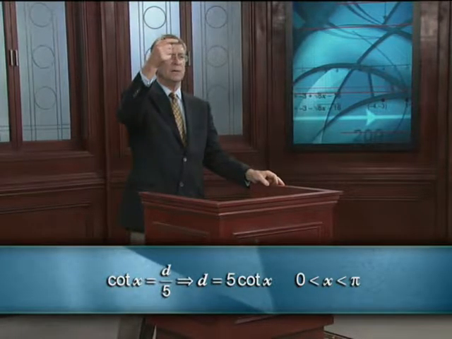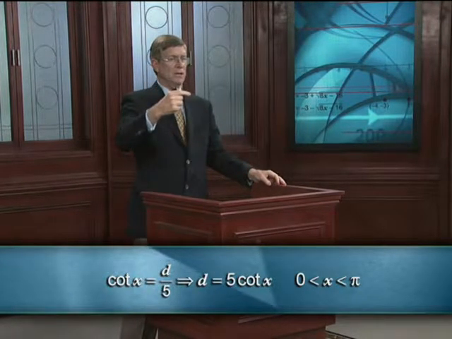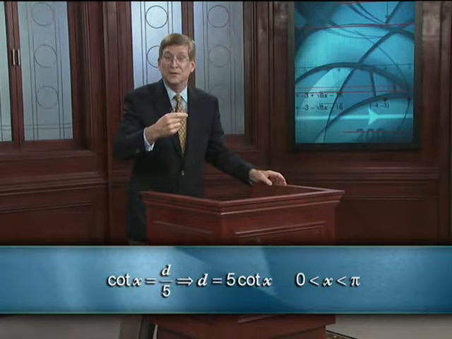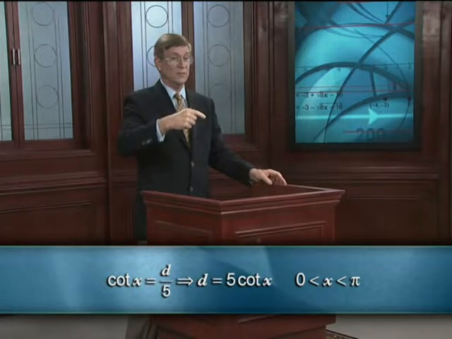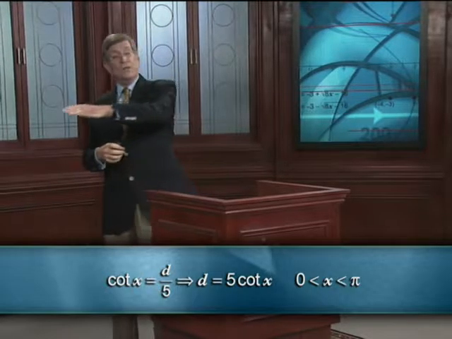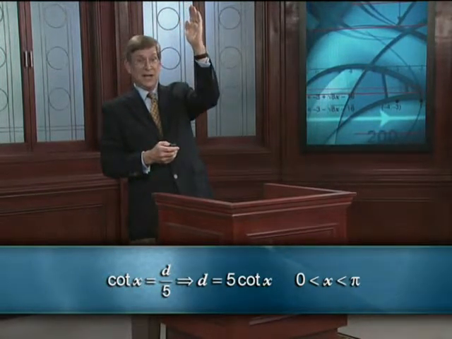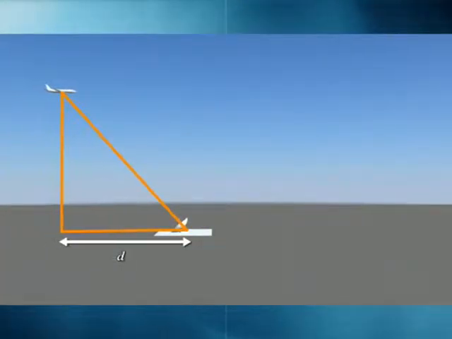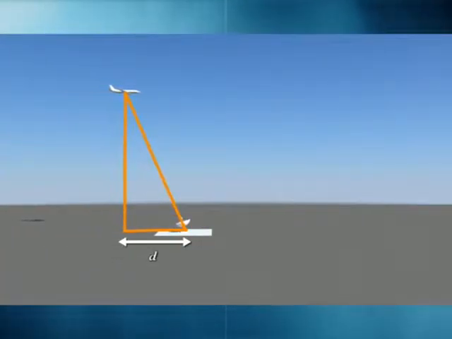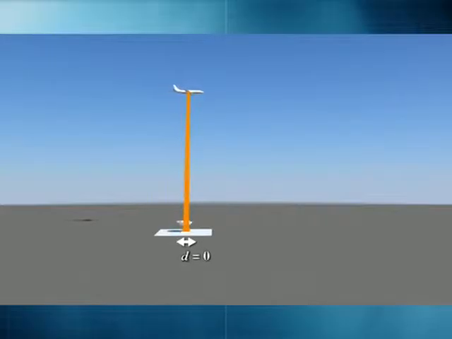That's cosine pi over 2 divided by sine pi over 2. 0, isn't it? Cosine is 0, sine of pi over 2 is 1. So the distance d is actually 0 when the plane's overhead, and that makes sense. Look at the picture. The plane is moving towards the radar station, and ultimately the distance d is 0, and then it grows the other direction.